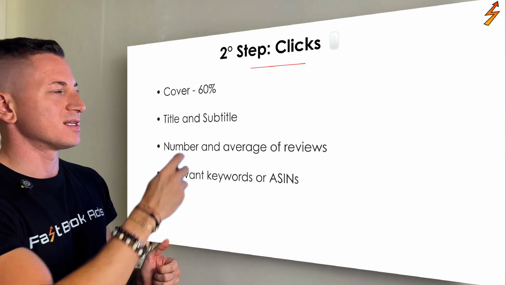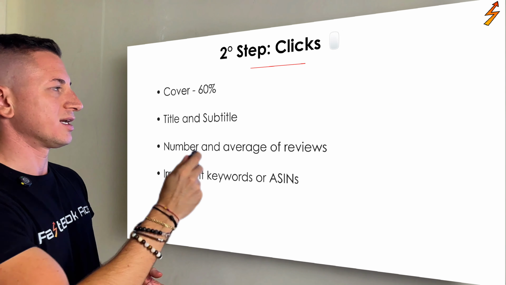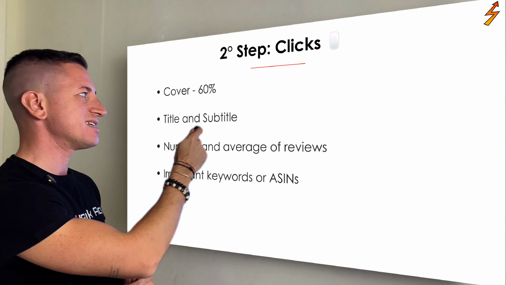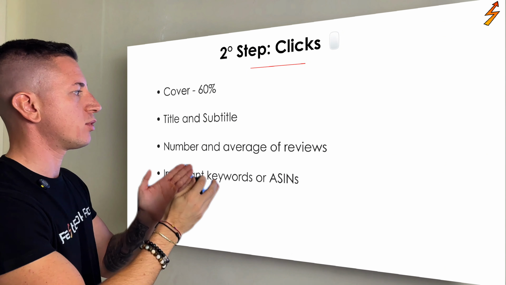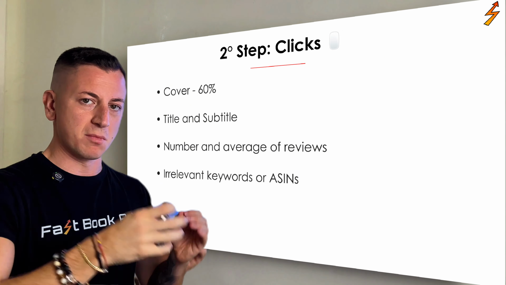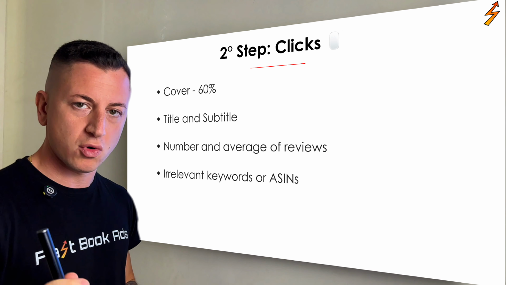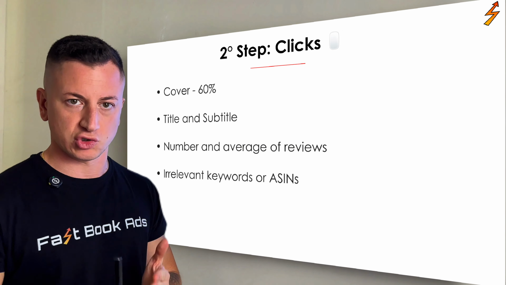Second step, the step of clicks. What influences clicks? The clicks are influenced 60% by the cover. The cover is the most important component of the book in this step. You must judge your book by your cover, because your potential customers will too.